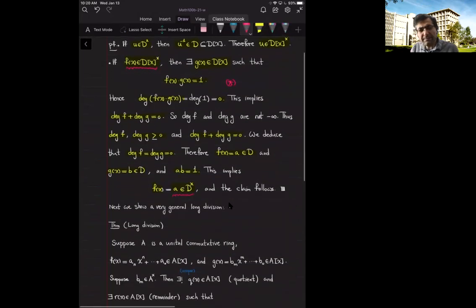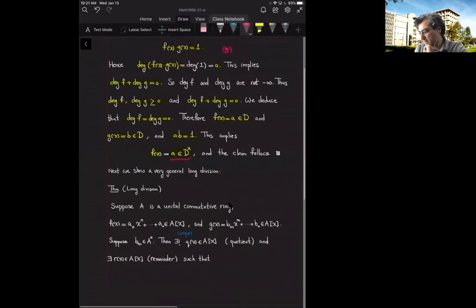Okay, so let me point out that this condition of being an integral domain is extremely crucial here. And you will see more examples of this type in your discussion and problem session. Just think about the following example, for instance.